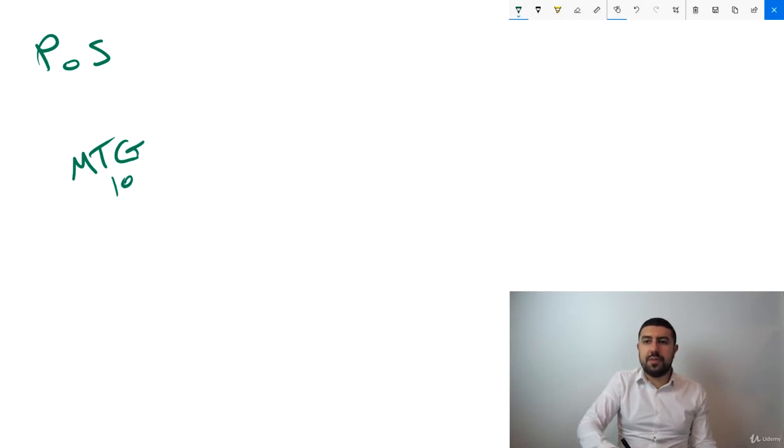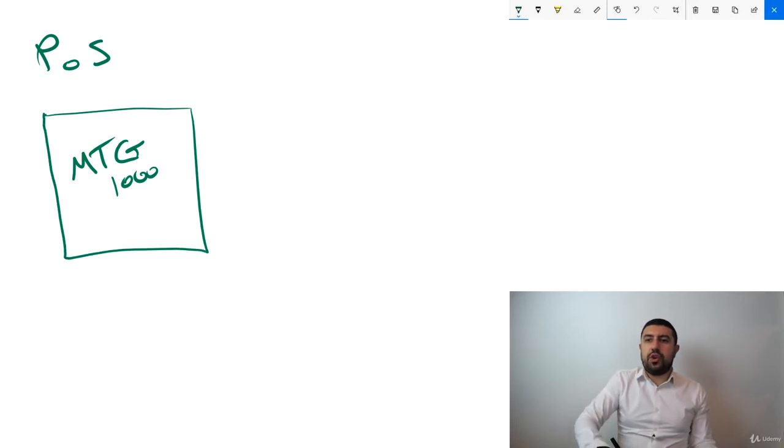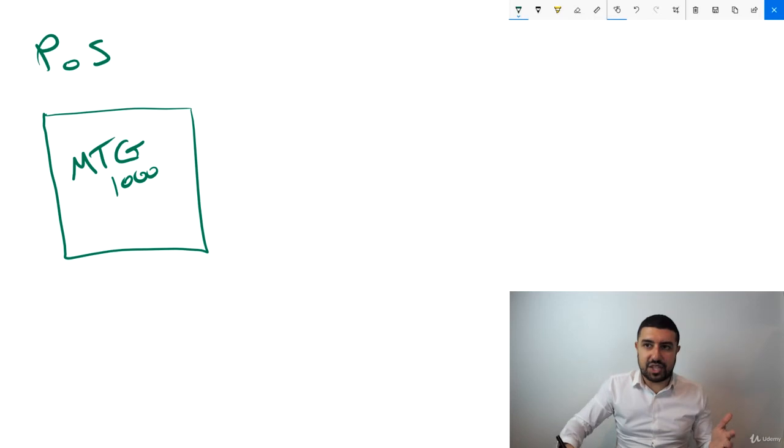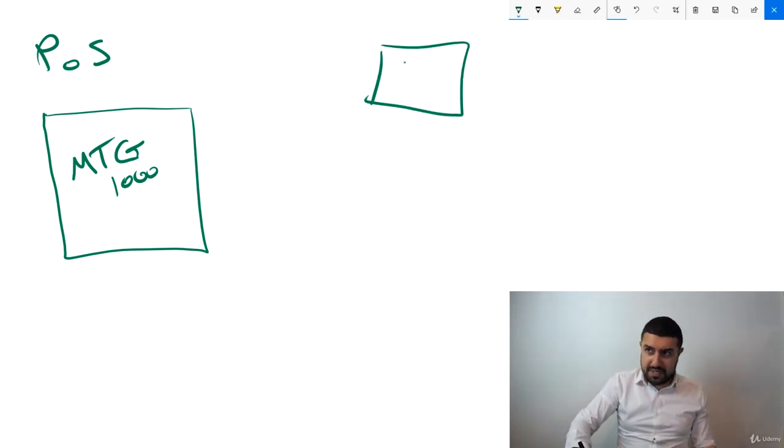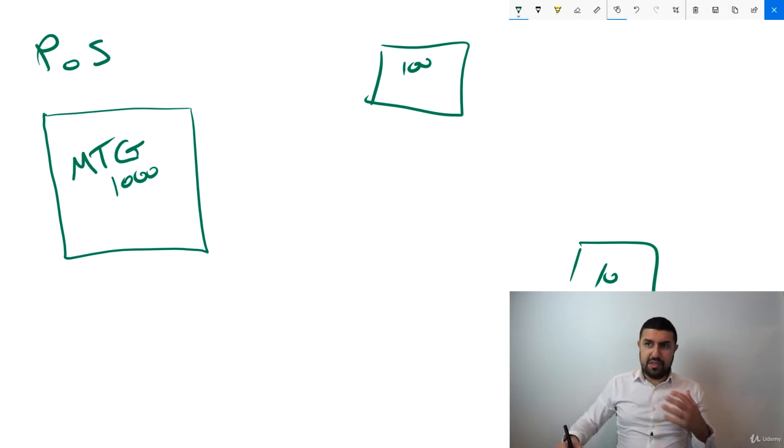Let's say you put in 1,000. And for those 1,000 coins, you're now part of that system. You're part of the ecosystem, and you can confirm the transactions. And there's a bunch of other people. Maybe somebody has 100 coins here, somebody has 10 coins, and they're all part of the system.